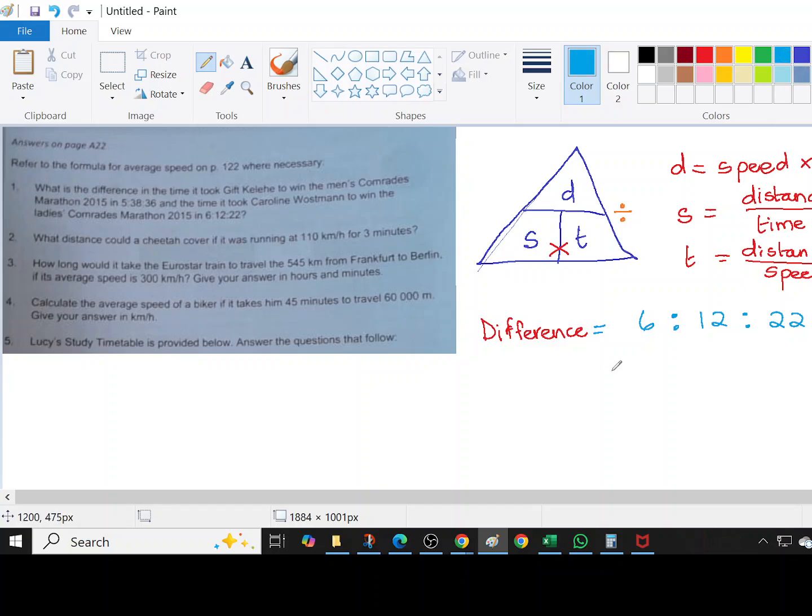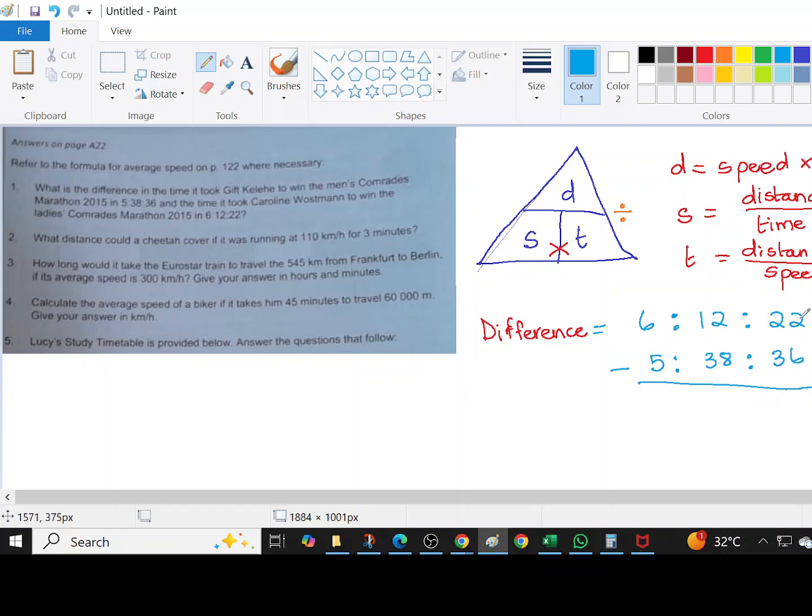Then we're going to subtract 5:38:36. They're all 2015 race, right? But that's the difference between the two people.